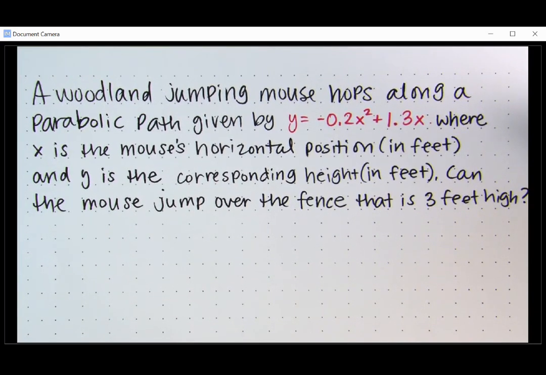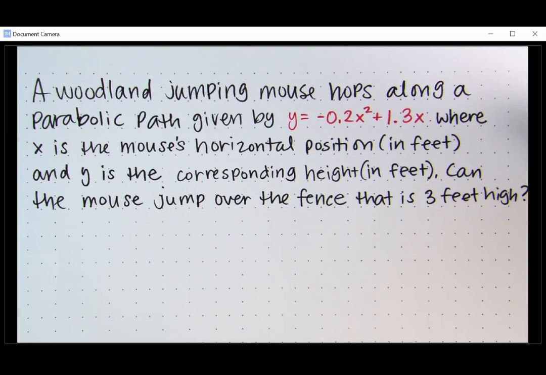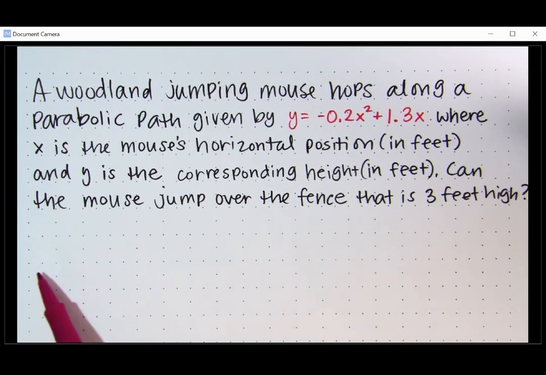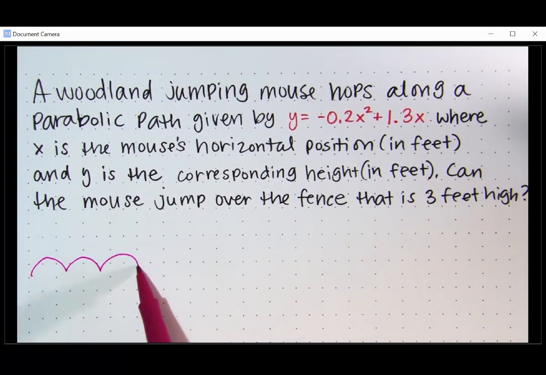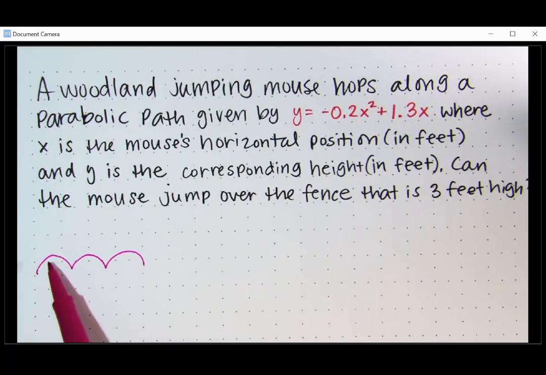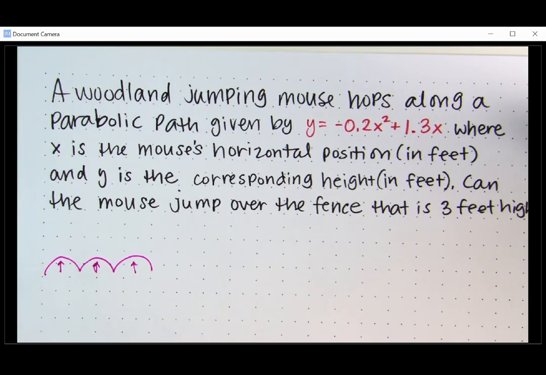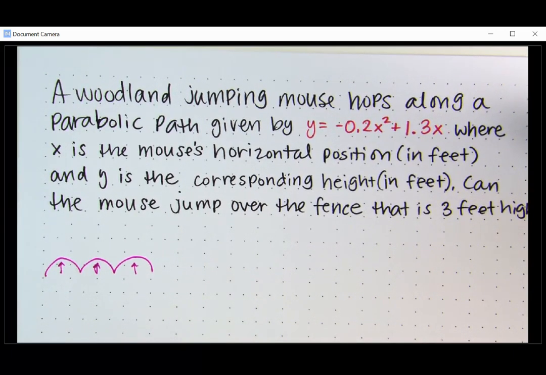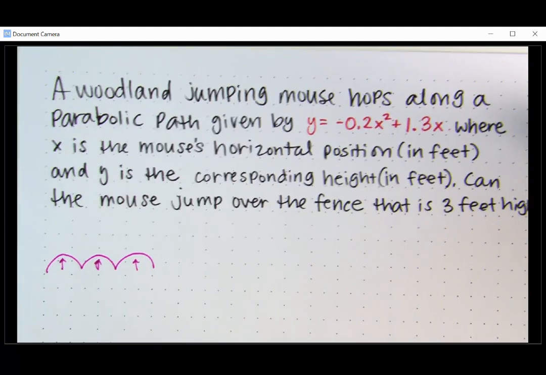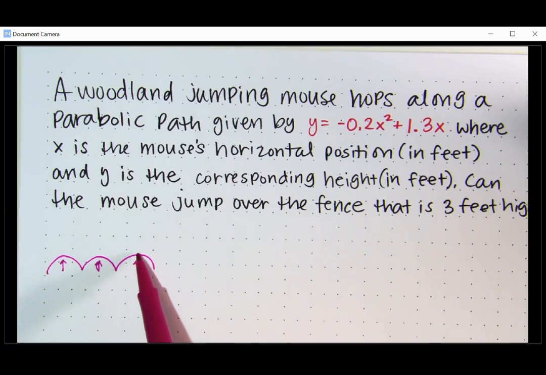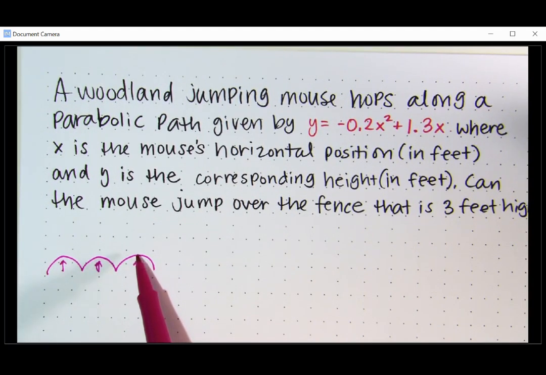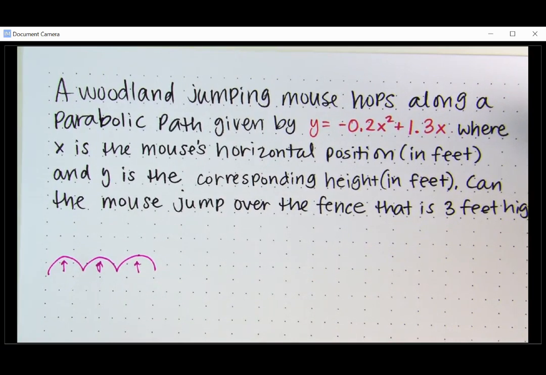So when we think about the mouse hopping, right? So if there's our little mouse and he's hopping, is the height of each of these hops high enough where he can hop over a 3-foot fence? Okay, so what that means is we've got to figure out the highest part of this hop, or the maximum.